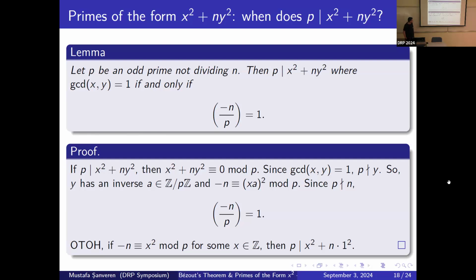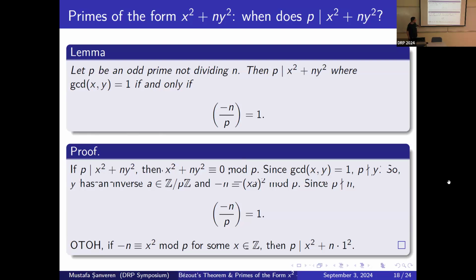And here's the proof. If p divides x squared plus ny squared, this means that this is equal to 0 mod p. From the assumption of the lemma, since we know that the greatest common divisor of x and y is equal to 1, p does not divide y.